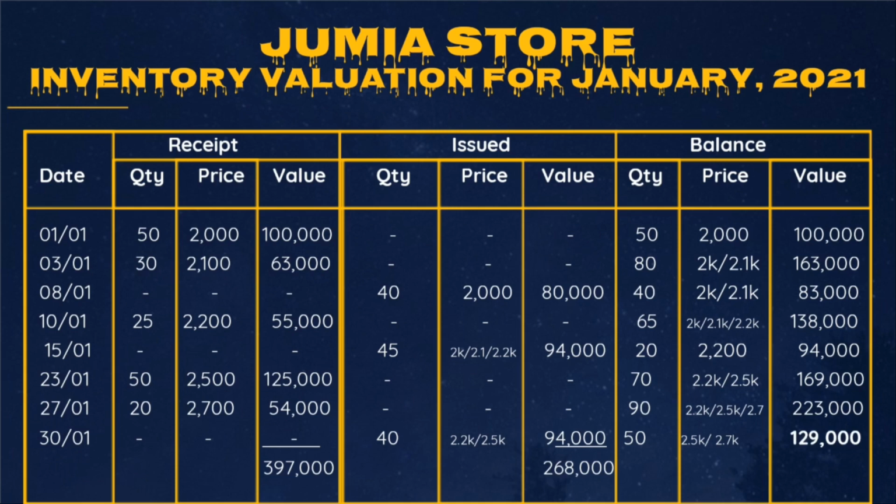So the closing balance, which is 129,000 naira, is the closing stock or closing inventory for the month of January. That is how to get the closing inventory or closing stock. That is how to get the purchases under the inventory valuation. So this method I used is what you call first in, first out, which is the FIFO method. In the next video, I will be discussing inventory valuation using the last in, first out method, which is the LIFO method.